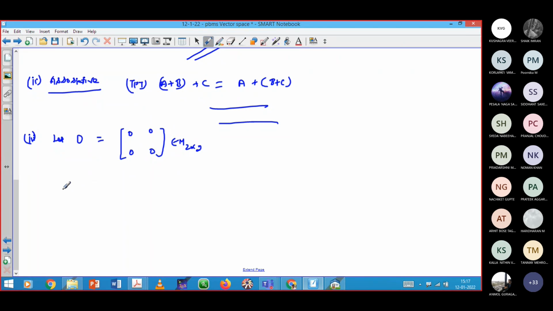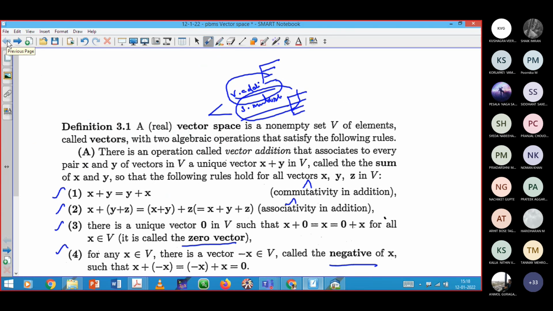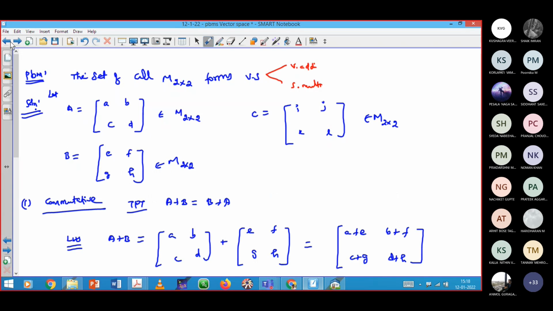I need to check the property A plus 0 equals 0 plus A equals, what will be the answer? A. Then the zero vector property is satisfied. Here x plus 0 equals x, 0 plus x equals x. So this property is also proven.